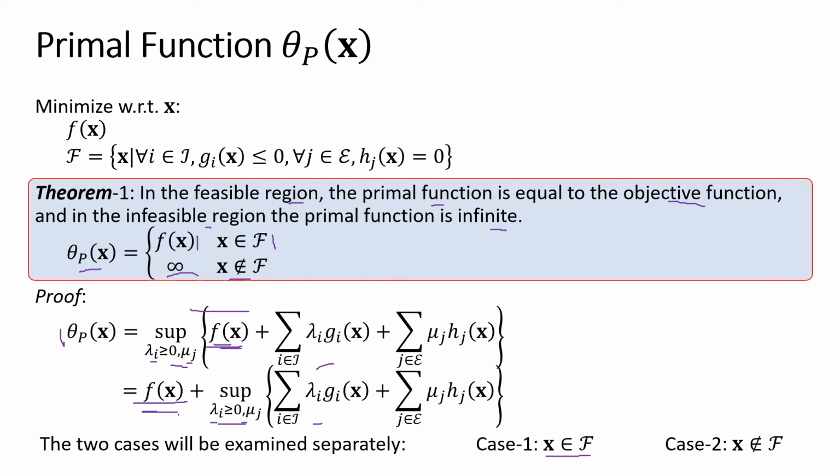Case 1: x belongs to F, and we shall show that theta p of x, the primal function, is equal to f of x in this case. And then case 2, where x is infeasible, x does not belong to F, in which case we shall show that theta p of x is infinite.